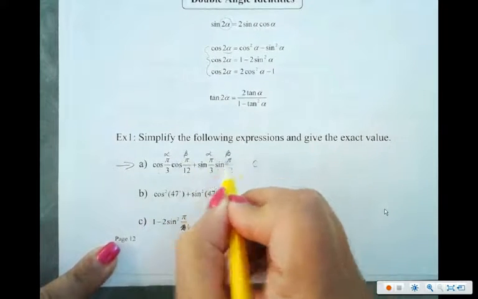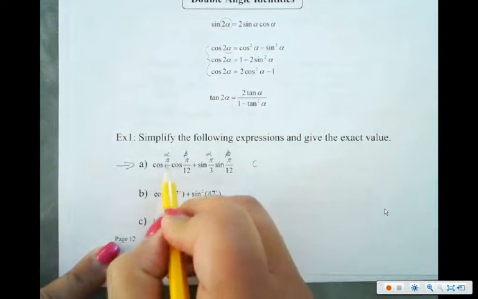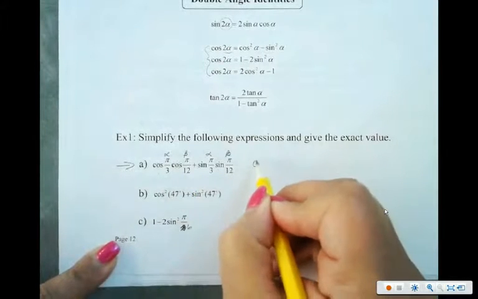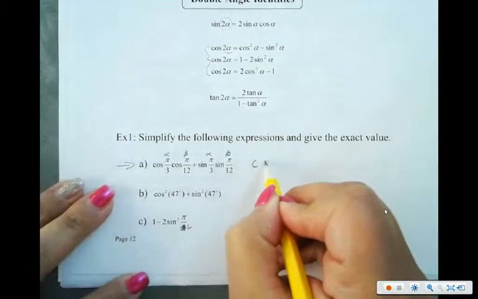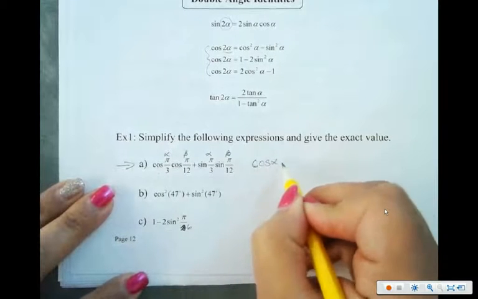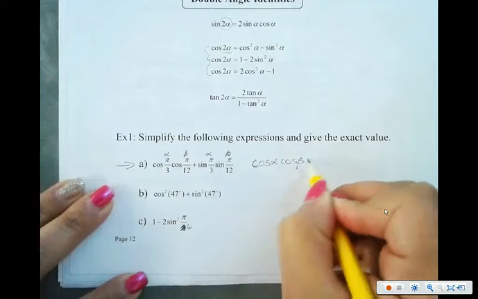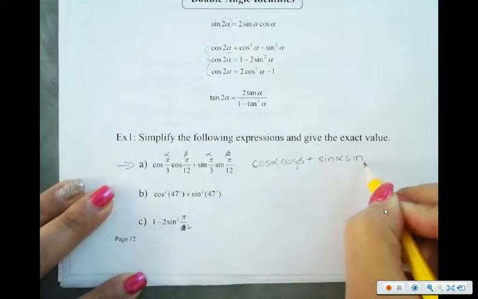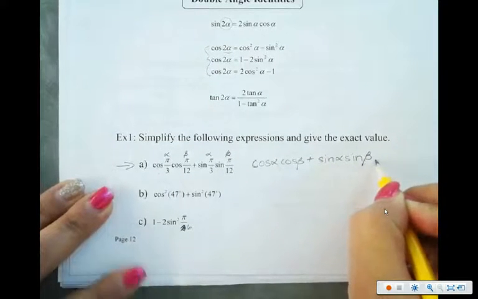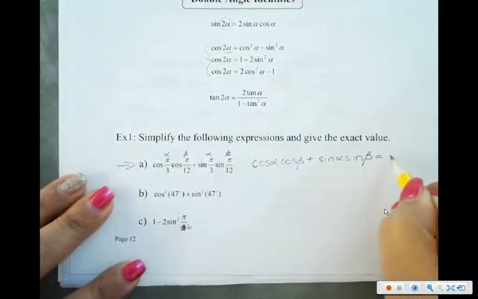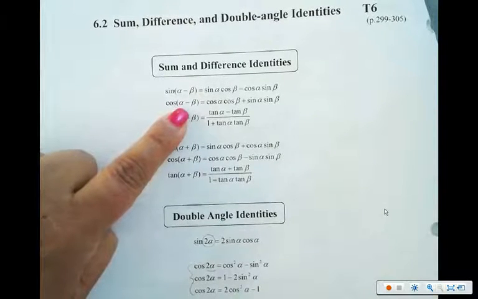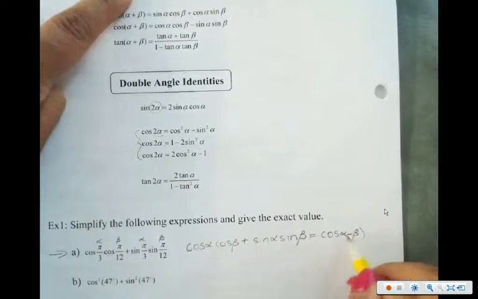We'll let pi by 3 be the alpha and pi by 12 be the beta. So which one looks like cos alpha cos beta plus sine alpha sine beta? So where's that one? That's over here. All right, so that's cos alpha minus beta.